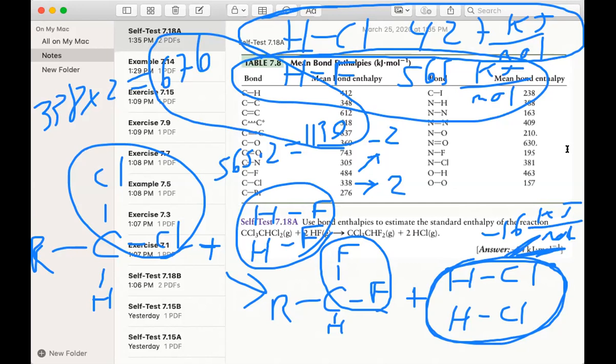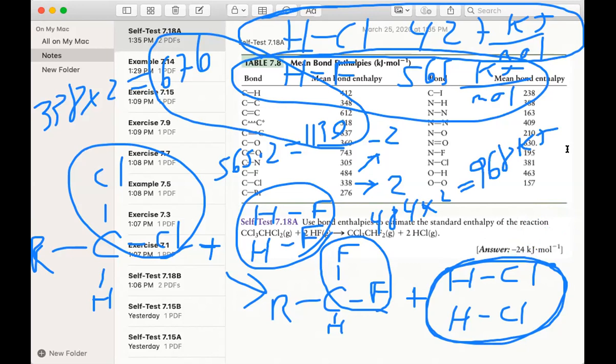So you've got two CF bonds. Okay. So that's 484 times 2. That's going to equal 968. So 968 kilojoules. And then you're going to have this other guy times 2, and I'm going to have to erase our answer really quickly. Okay, so you're going to have this guy over here, multiply him by 2, so HCl bond, that's 427 times 2, so that's 854.